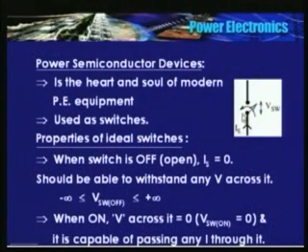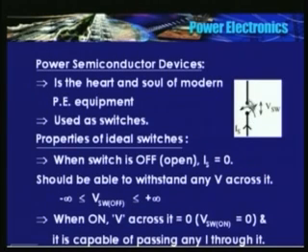So what are the ideal properties of the switch? Here is a circuit, a single line diagram, and this arrow shows the action to close the switch. So what are the properties of this switch? When the switch is off, IS should be 0.